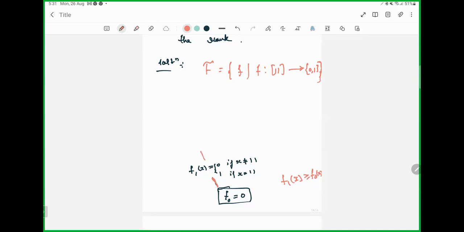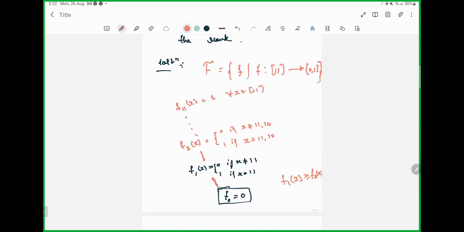Similarly, you can make a chain, right? f2(x) equals 0 if x does not equal 11 or 10, and 1 if x equals 11 or 10, so this will basically contain the previous one. Similarly, so on you can make this up to f11(x), which is 1 for all x.